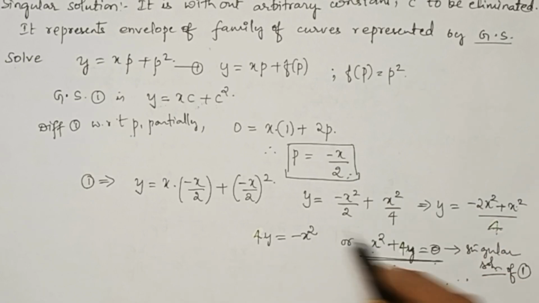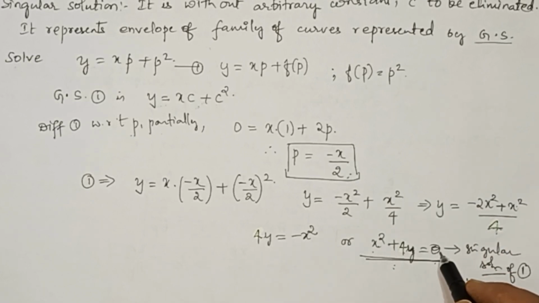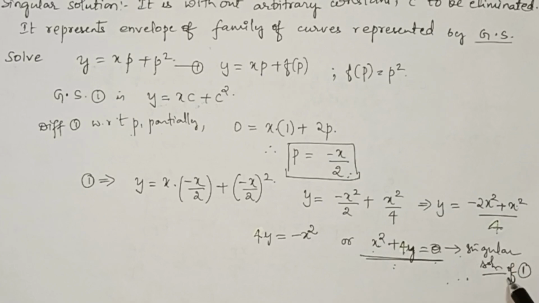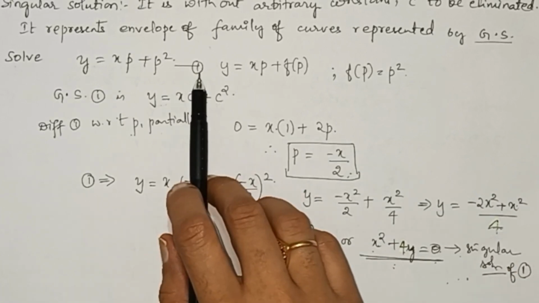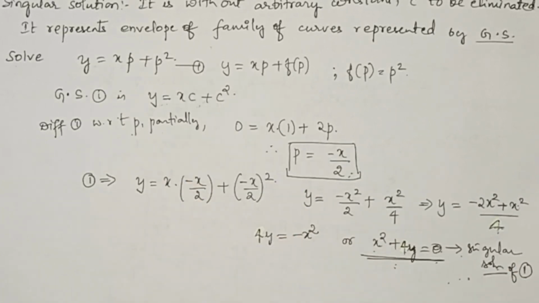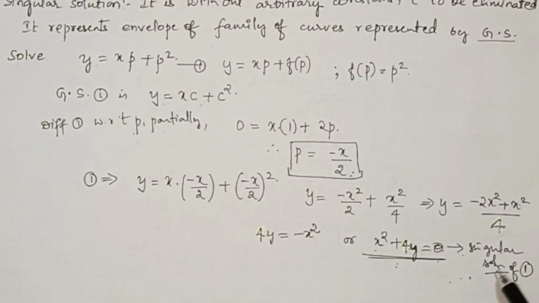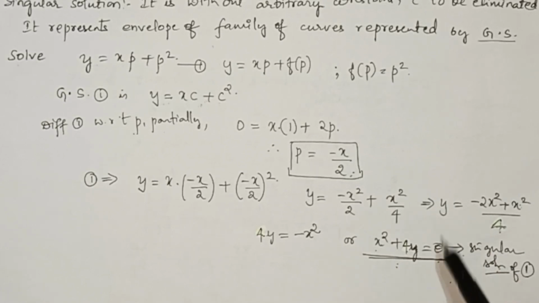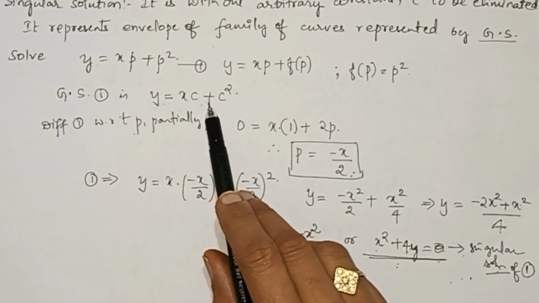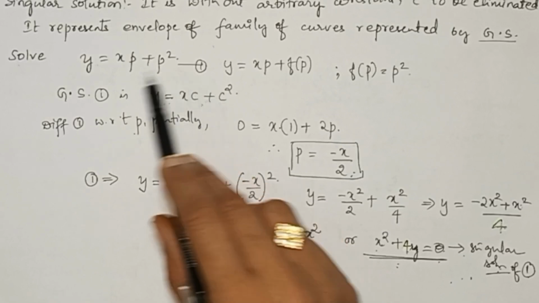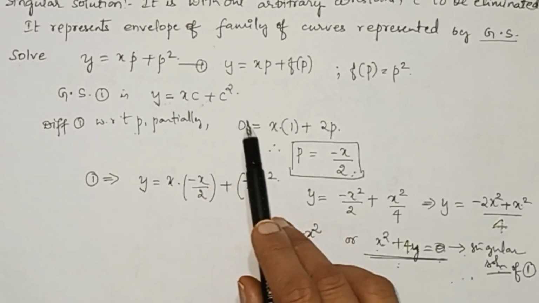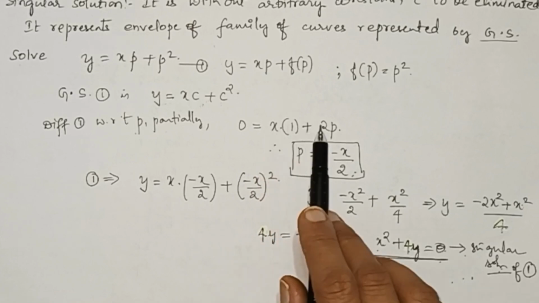So x square plus 4y equal to 0. This is the singular solution of the given equation. Singular solution means this doesn't contain arbitrary constant, and this represents the envelope of family of curves represented by this general solution. This is how we solve Clairaut's equation.